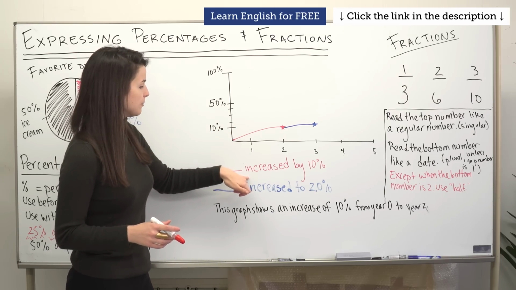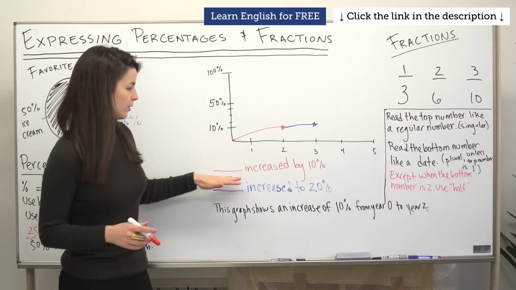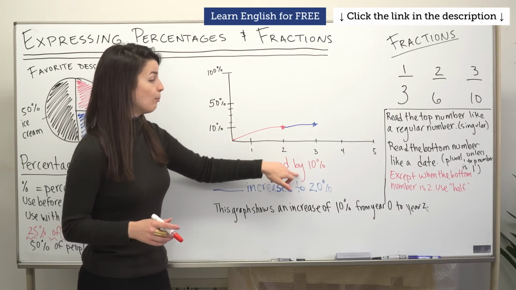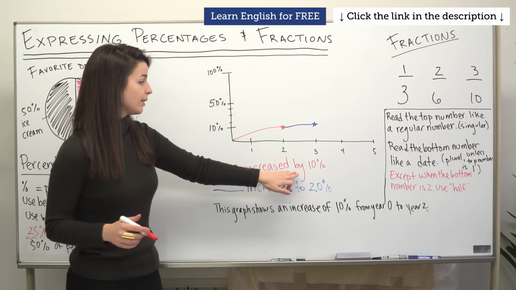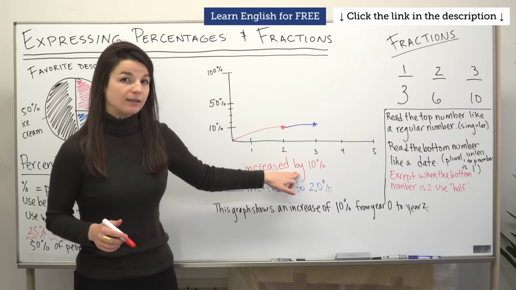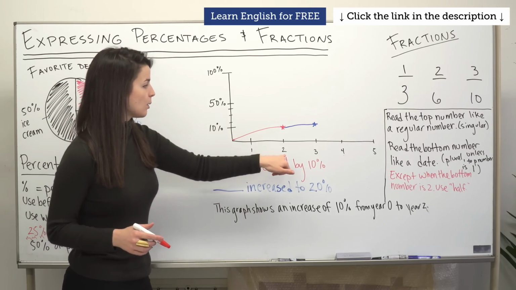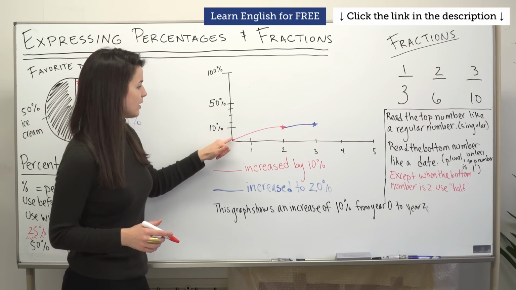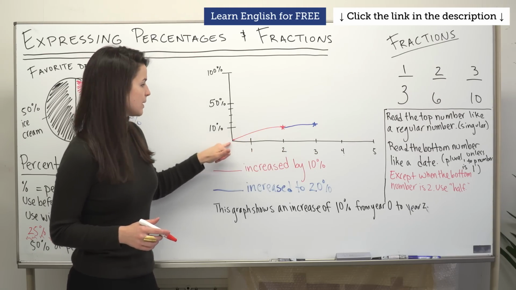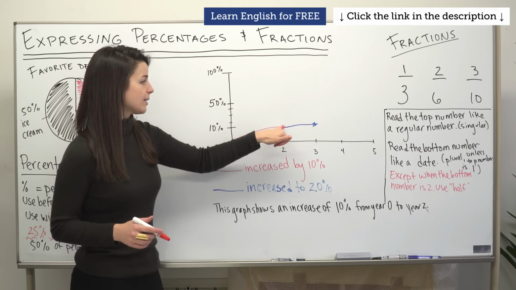So the red line, I've made an example pattern, which is something increased by 10% here. So please notice I'm using by in this sentence. So from point 0 on this axis until point 2 here, we see the line increases from 0 to 10%.